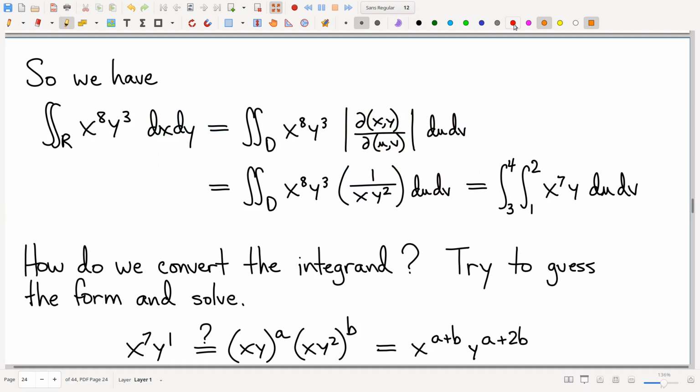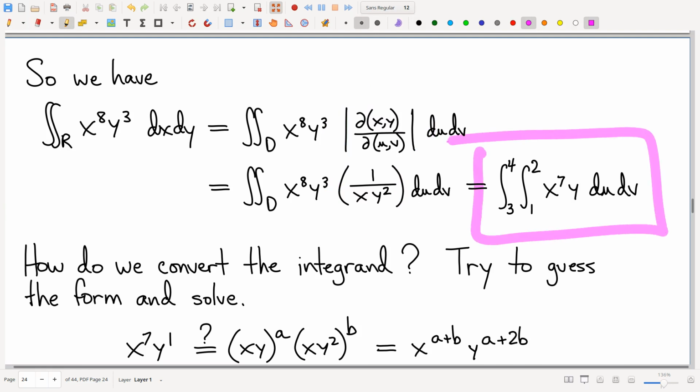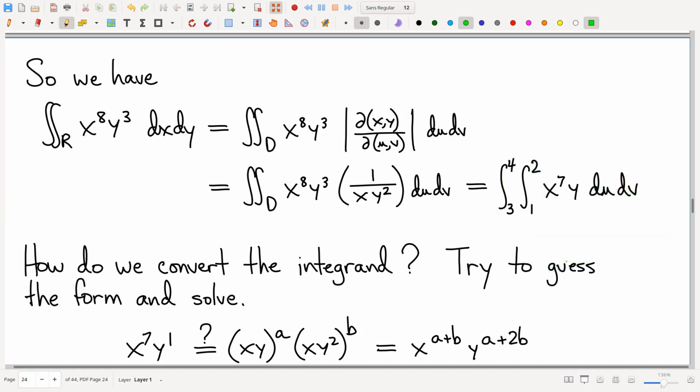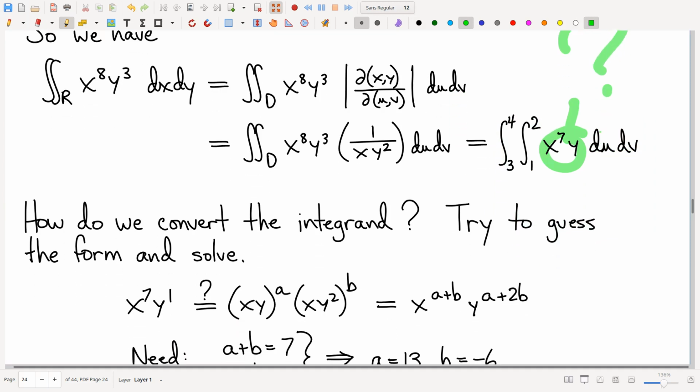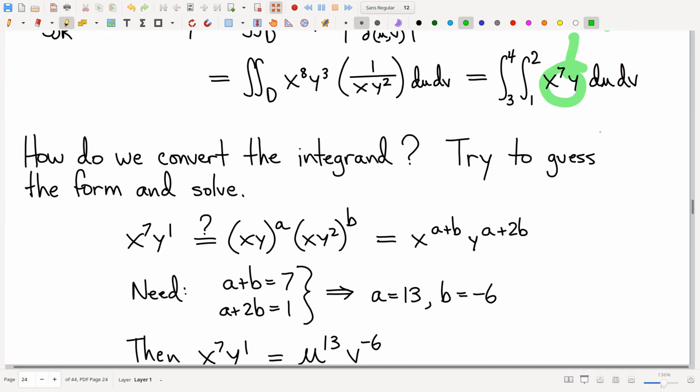So as per the previous page, you plug that in, and now notice I have a new integral. It's defined on my new domain. U and V range over that rectangle. So those are the bounds, and everything is great except for the one little annoying detail that I need this now written in terms of u's and v's, and I don't have it written in terms of u's and v's.